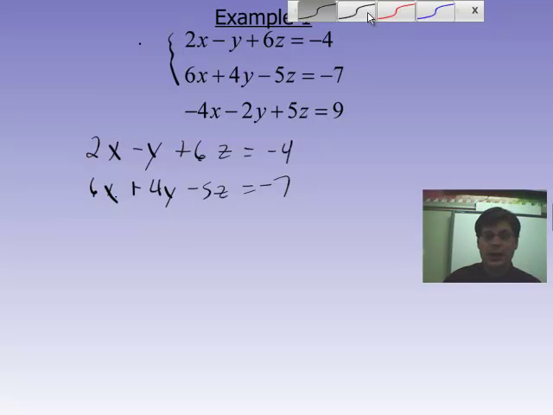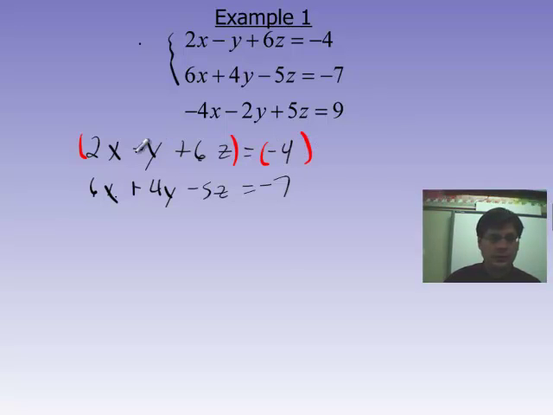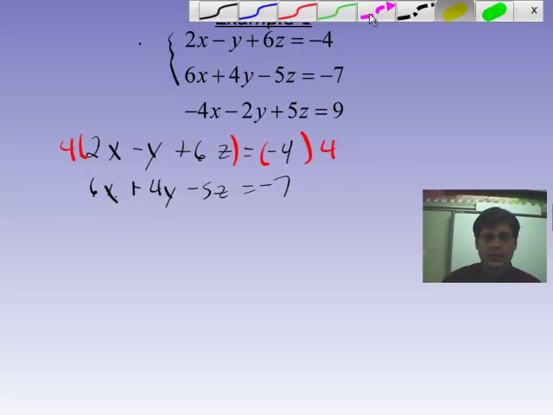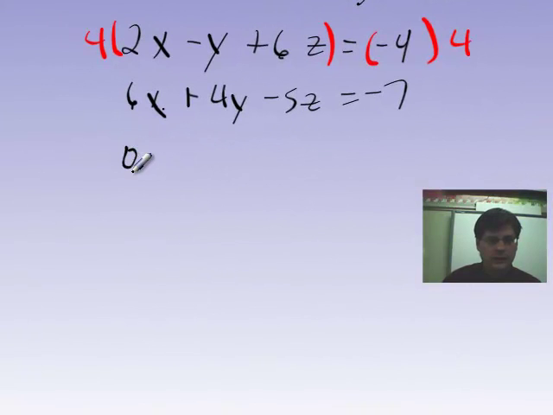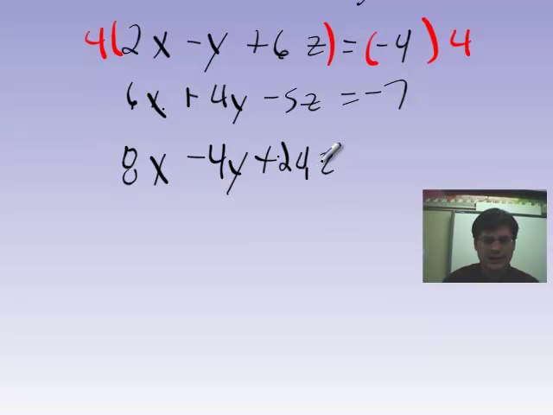So I'm going to go ahead and multiply the top one by 4, and that's going to leave me with 8x minus 4y plus 24z equals negative 16.